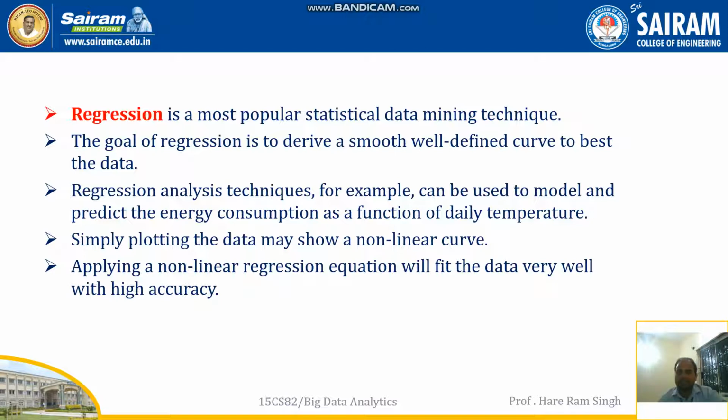Regression analysis techniques, for example, can be used to model and predict the energy consumption as a function of the daily temperature. Here daily temperature is the independent variable, and energy consumption is the dependent variable. We have to analyze how the daily consumption of energy varies with the temperature.